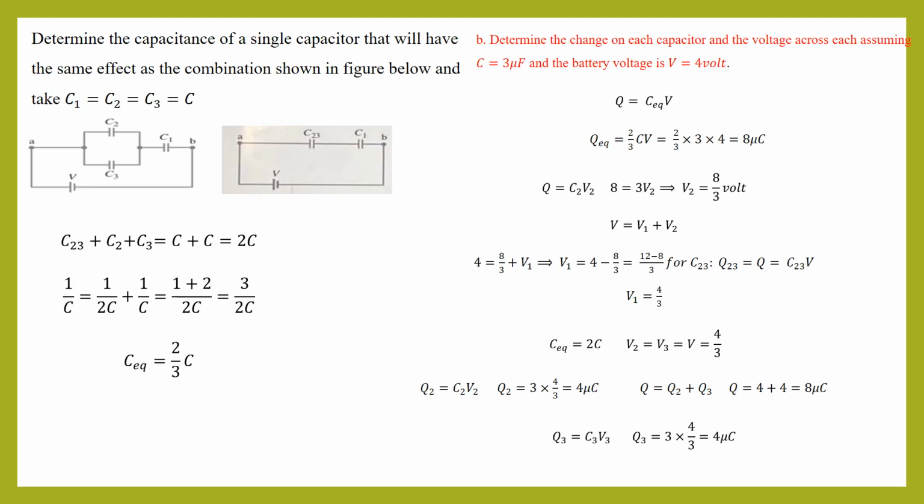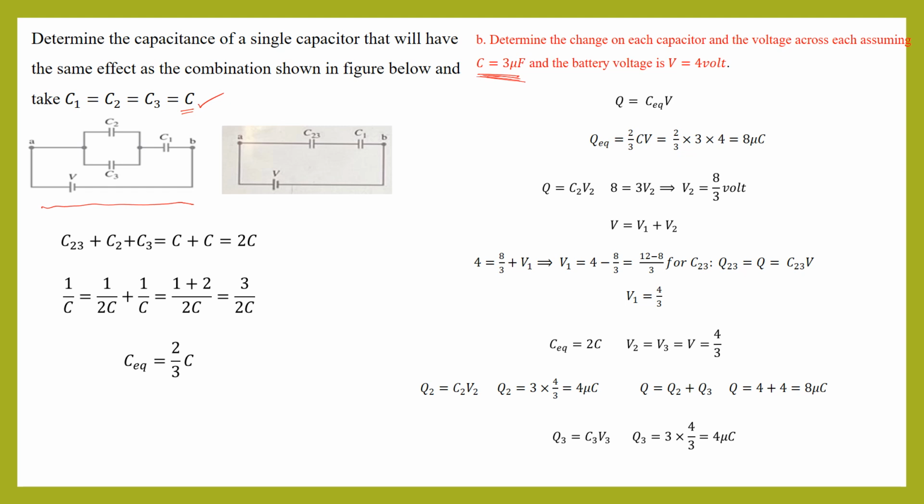Okay, in this question, everybody, we have a circuit, something like this, which is made by 3 capacitors, 2 of them connected in parallel to another capacitor in series. Assume the capacitance of each of the 3 capacitors is the same. It is shown by C. In part B, everybody, we can see the capacitance is 3 microfarad.